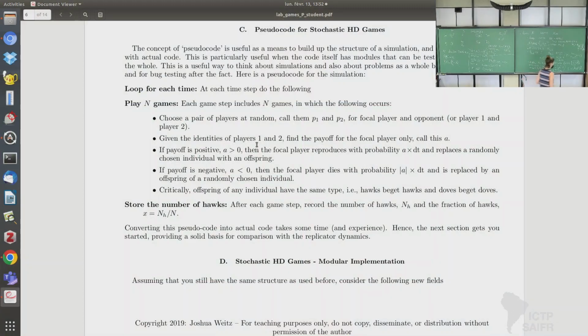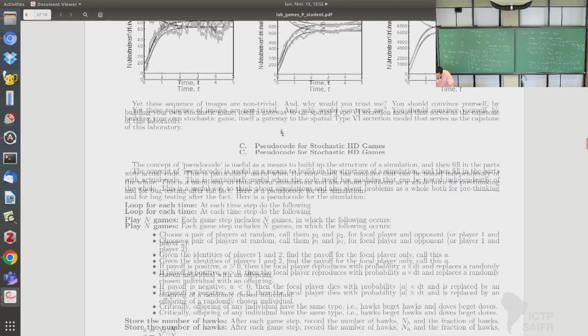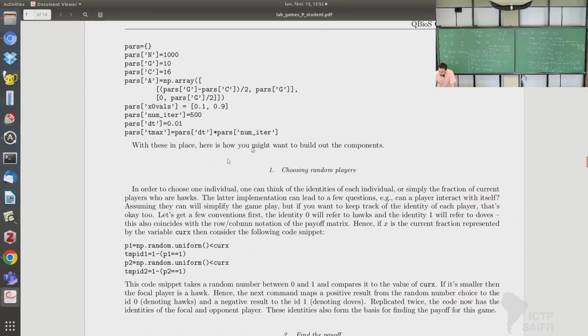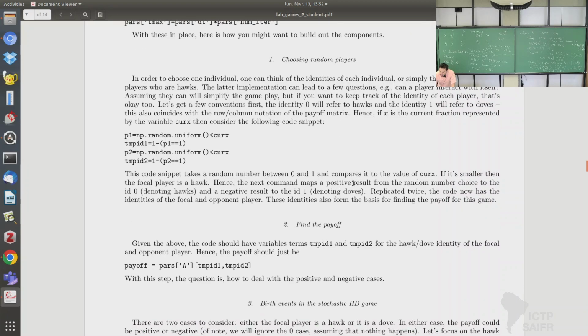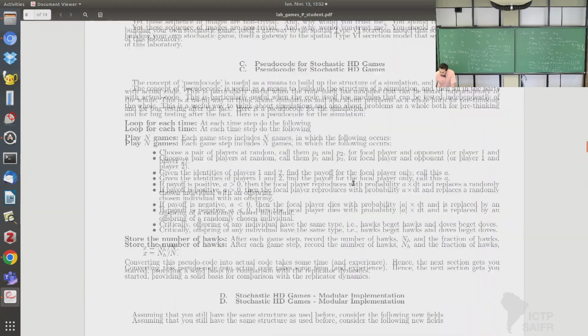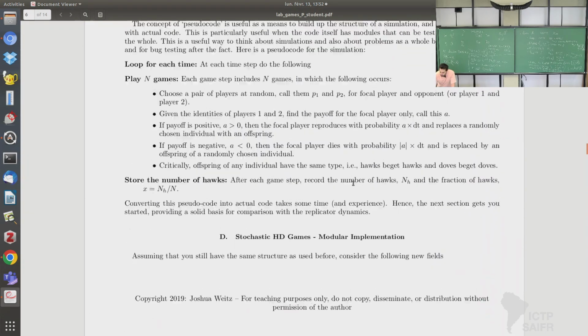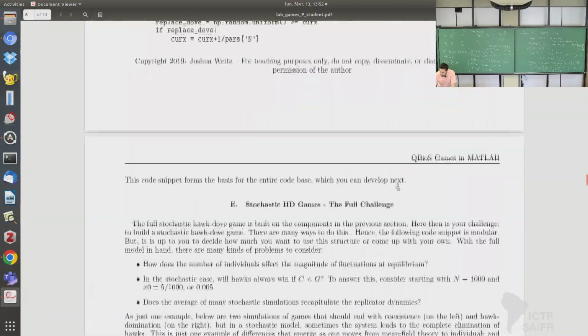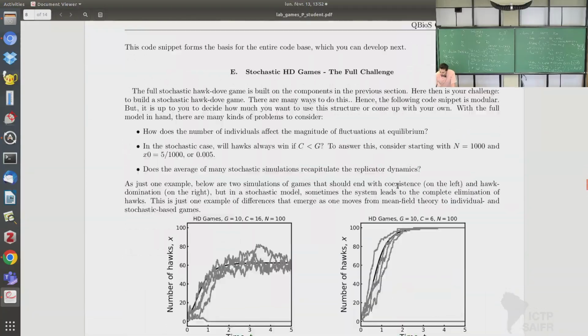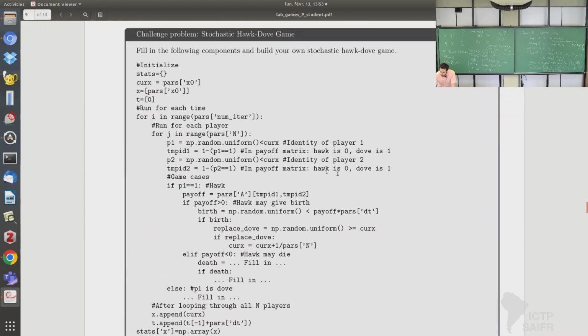Let's see, yes. So you're given some way to initialize the game. Maybe in the thing here, yes.